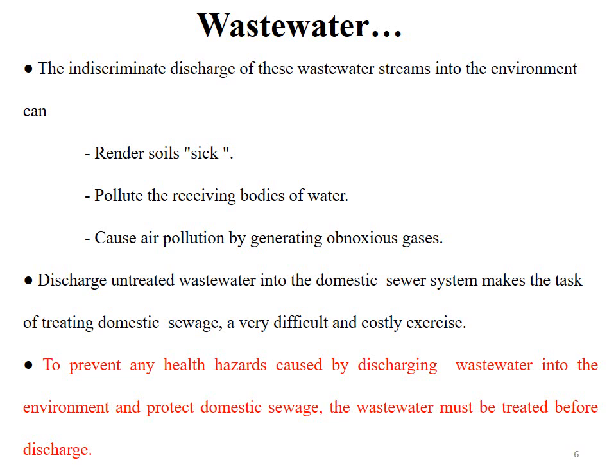Discharging untreated wastewater into the domestic sewage system makes the task of treating domestic sewage a very difficult and costly exercise. To prevent any health hazards caused by discharging wastewater into the environment and to protect domestic sewage, the wastewater must be treated before discharge.